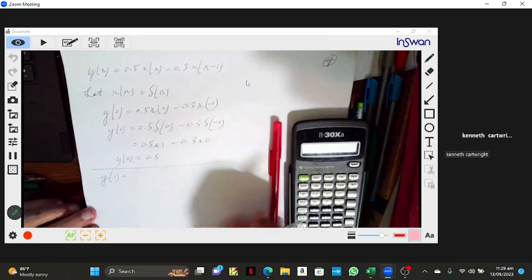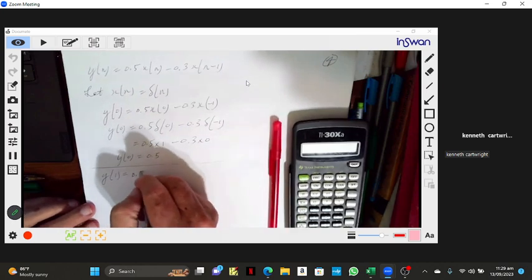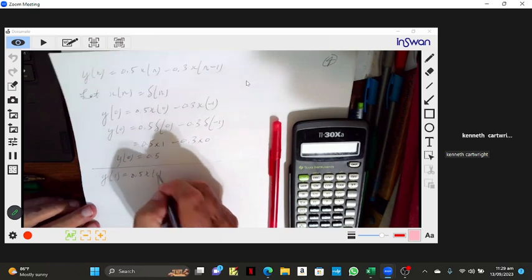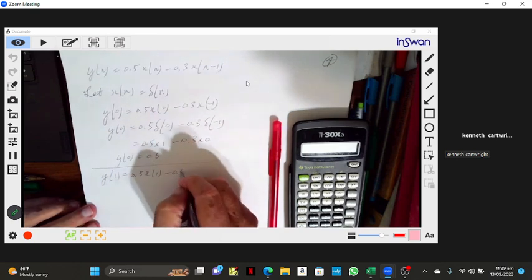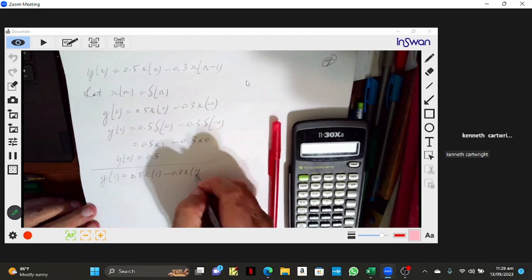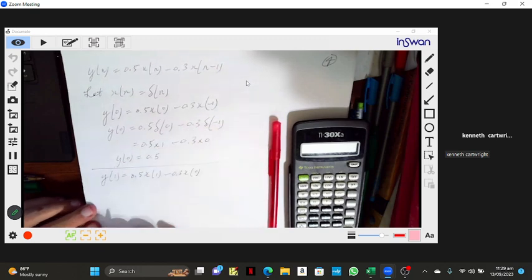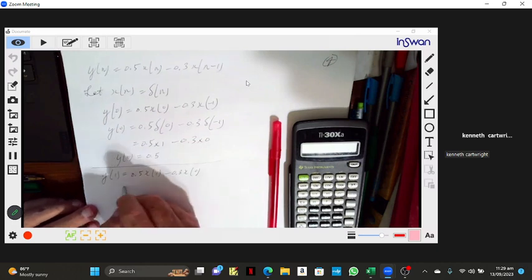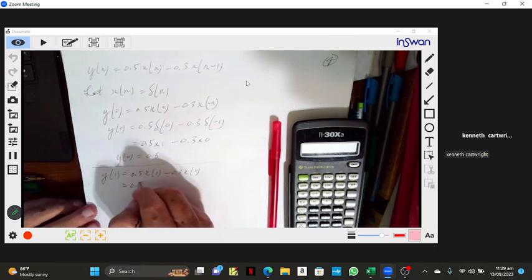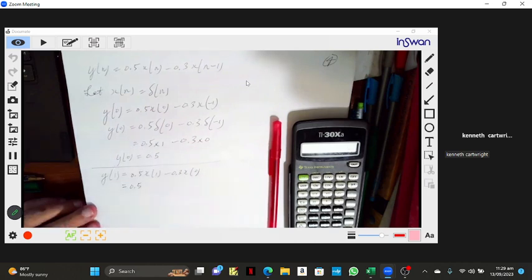Again, y of 1 is 0.5 x of 1 minus 0.3 x of 0. What's x of 1? x becomes delta.